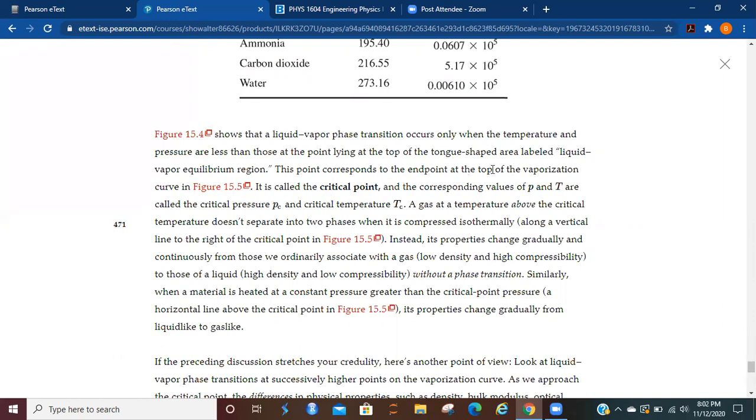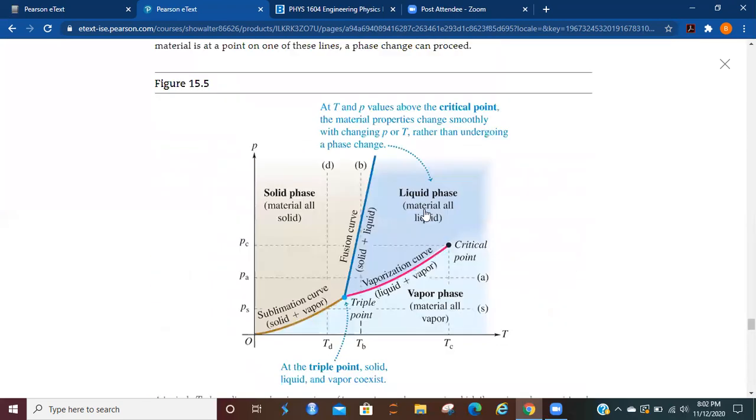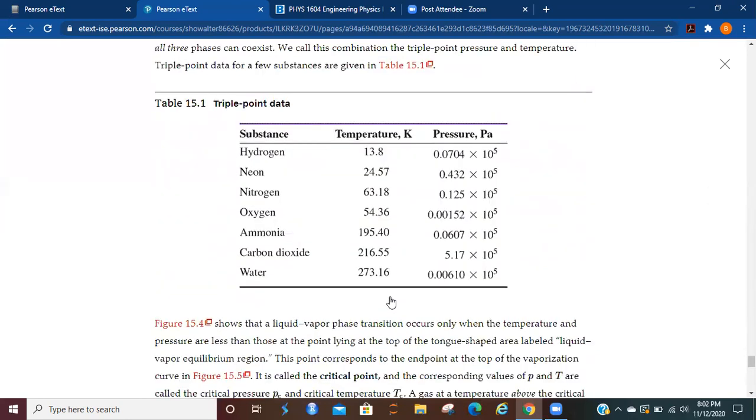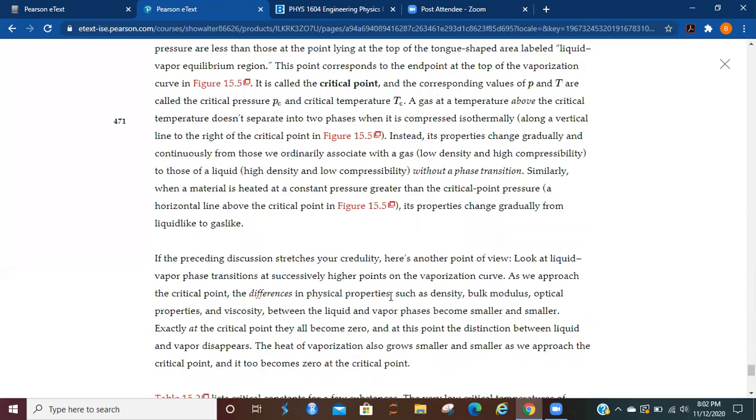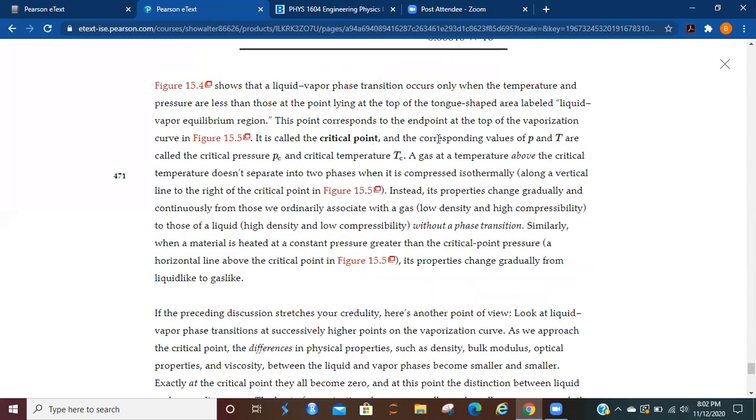This point corresponds to the end point at the top of the vaporization curve. In other words, here. And that's called the critical point. And the corresponding values of P and T are called the critical pressure and critical temperature.